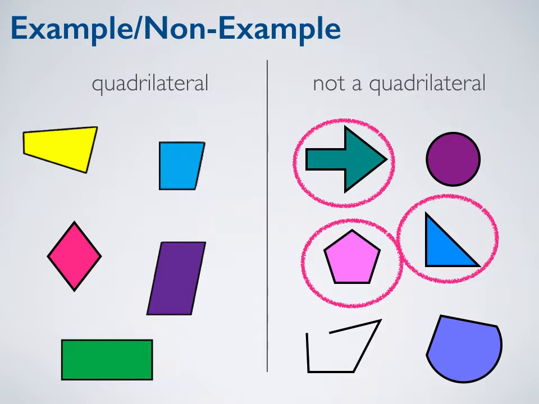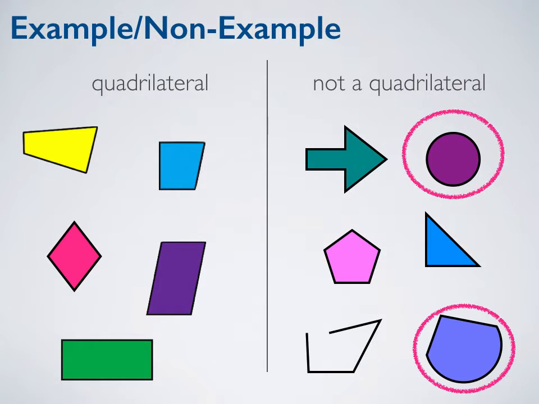I could point to specific non-examples and ask students why they are not quadrilaterals. Let's start with these. Why aren't these quadrilaterals? These aren't quadrilaterals because they have more or fewer than four sides, and quadrilaterals must have four sides. Why aren't these quadrilaterals?